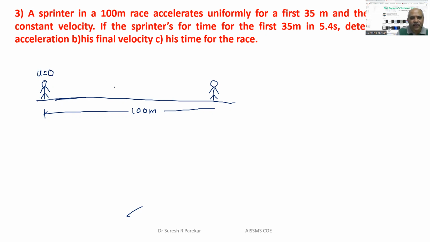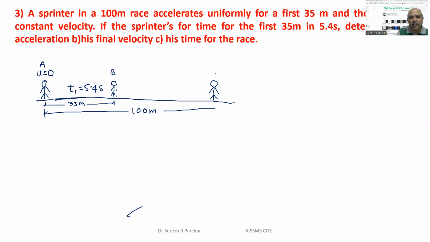And then for first 35 meters, this will be somewhere here. So we have this distance 35 meters. Then time is given for this. So we have for this T1 I will say 5.4 seconds. So this is AB part I will mention.